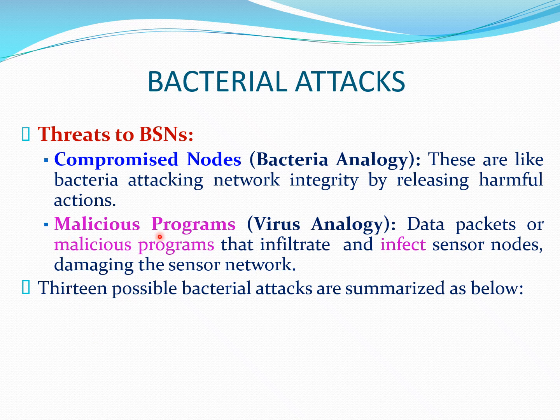The next one is malicious programs, which is the virus analogy. Here, data packets or malicious programs infiltrate and infect sensor nodes, damaging the sensor network. Now we are going to see 13 possible bacterial attacks.